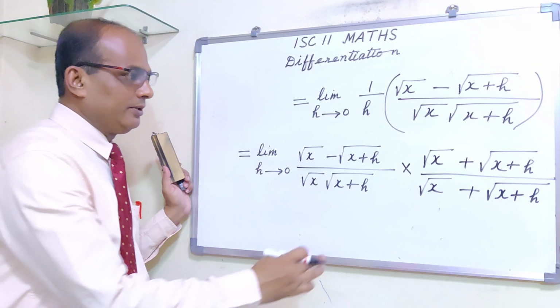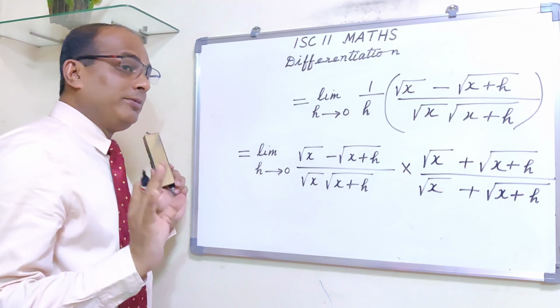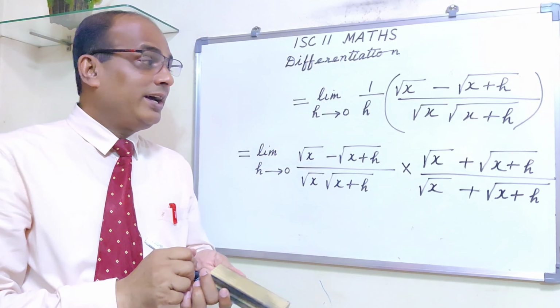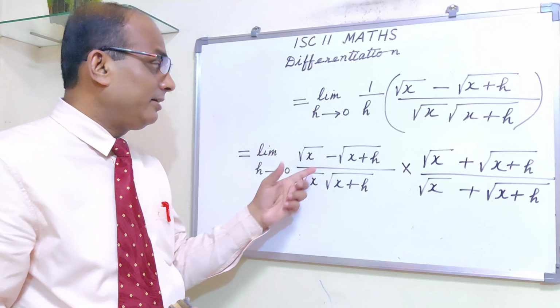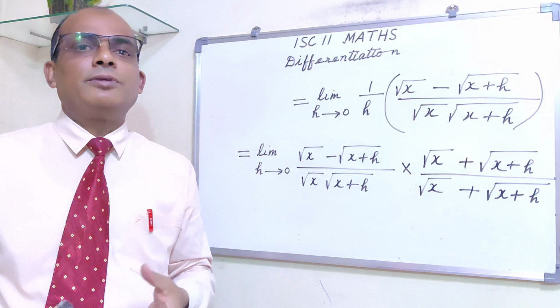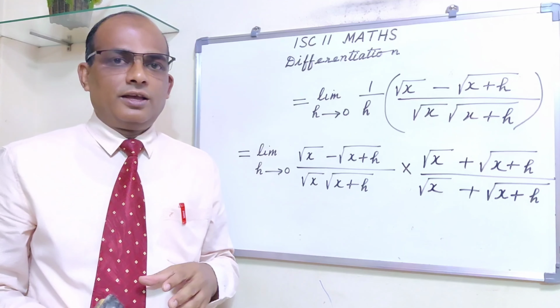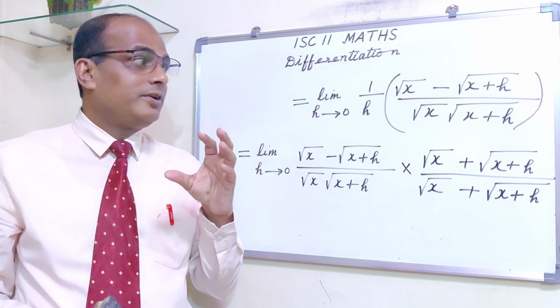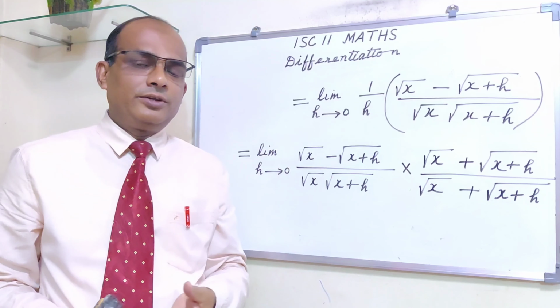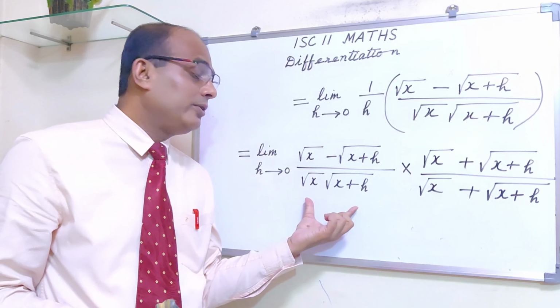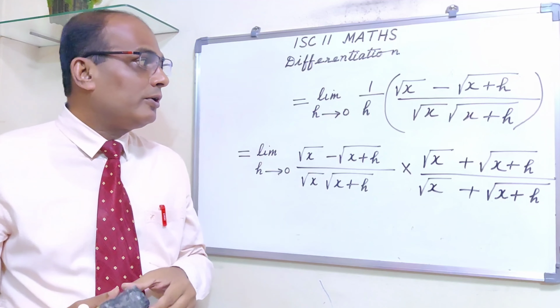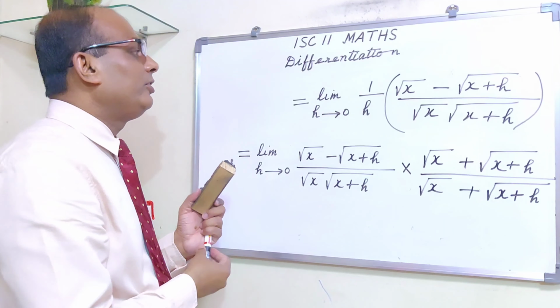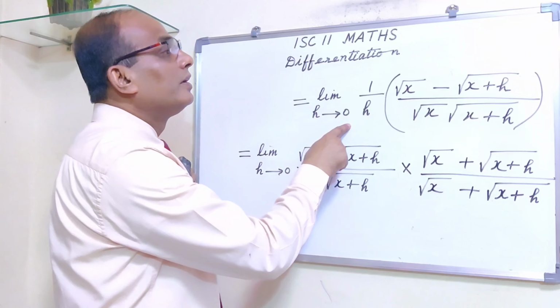We are multiplying by the conjugate. Now maybe one question is there in your mind, why are we doing this? Why are we multiplying by the conjugate, and when should we multiply? How will you decide that we are going to multiply by the conjugate of the numerator, sometimes by the conjugate of the denominator maybe? The answer to this question is, actually, when you put h equal to 0 here.